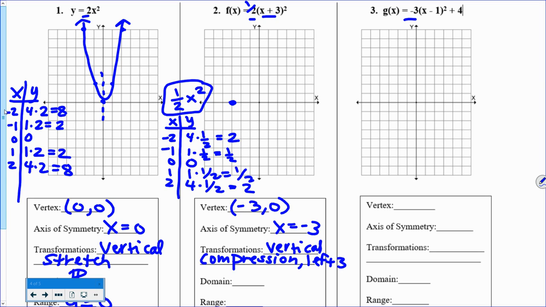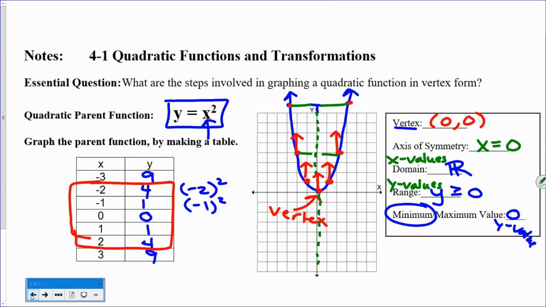So when I had a 2, all of the y values were doubled. When I have a 1/2, they were all cut in half. And when I'm talking about the y values, I am talking about from the original parent graph right here. Those y values are changing based on the number that's in front.